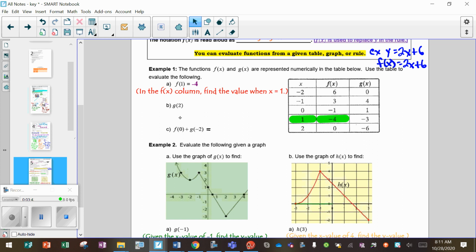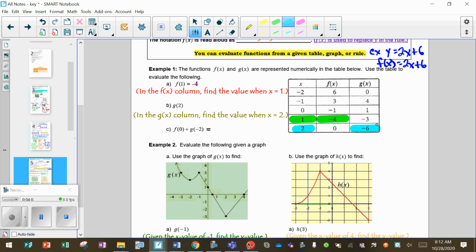The next one says find g of 2. That means we're going to go into the g column and find where x is equal to 2. Remember, the number in the parentheses is the x value. So we go to where x is equal to 2 and look in the g column this time, and we get negative 6.